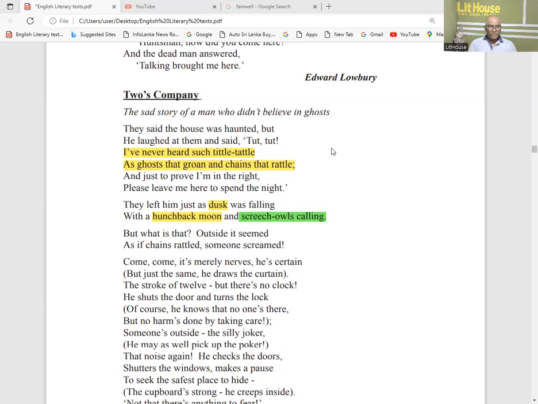The non-human ghost is personified as a friendly human.